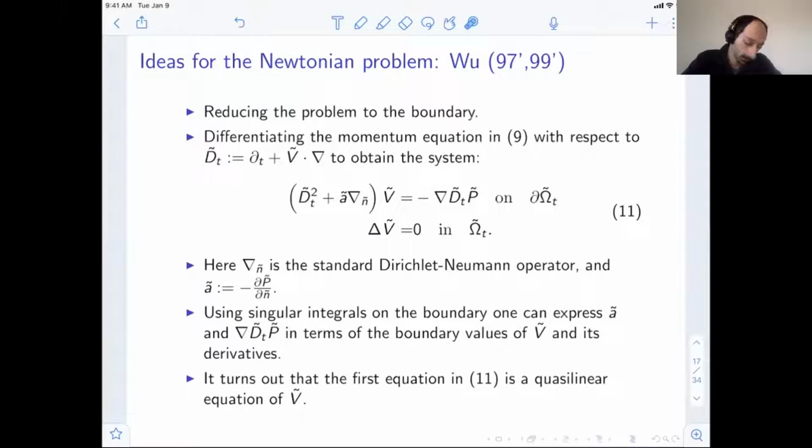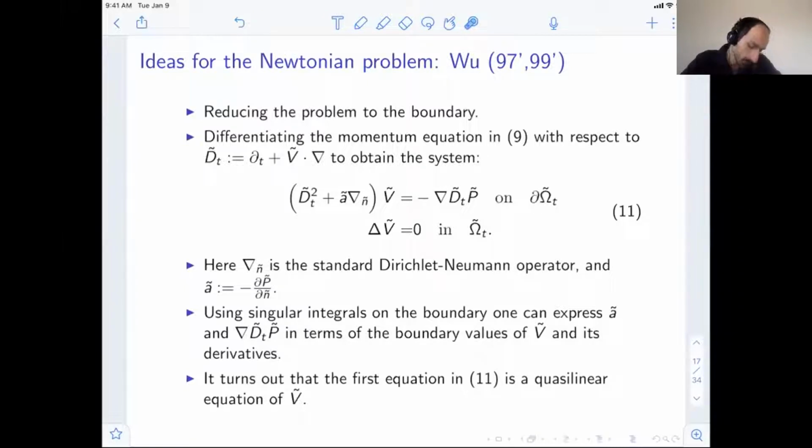On the other hand, there's the gradient of the derivative of the pressure on the right-hand side. To see that this is a quasi-linear equation, one has to understand this nonlinearity. And the key to understanding this is, again, ellipticity. This d_t of the pressure, this material derivative of the pressure, satisfies elliptic equations.